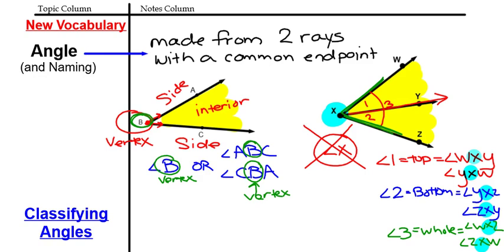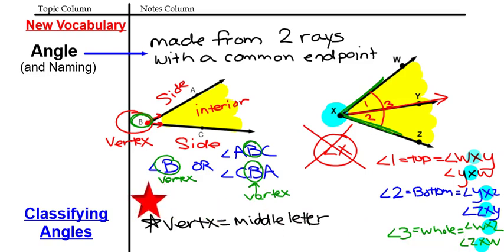The vertex is always going to be your middle letter. So make a note of that somewhere. That is a pretty important thing, worth paying attention to, because it causes problems a lot of times.